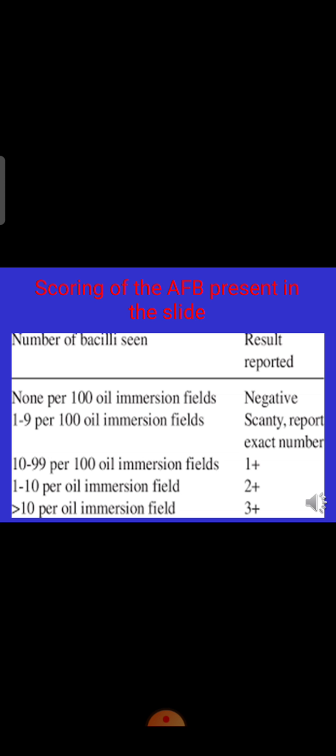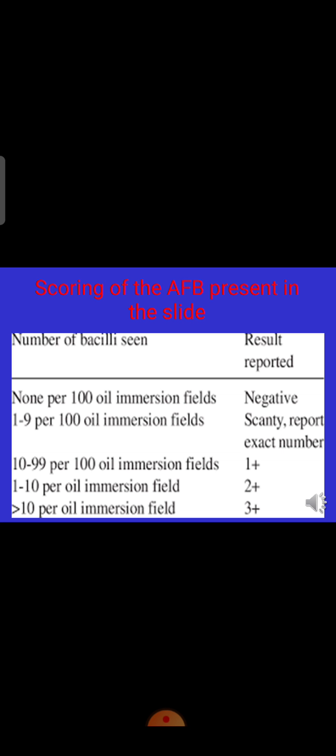After looking at the slide, we start counting the red, bent, slightly curved, granular stained acid-fast bacilli in the slide. There is a scoring of AFB present in the slide to assess the heaviness of the infection of the patient by scoring the acid-fast bacilli present in the sputum specimen.